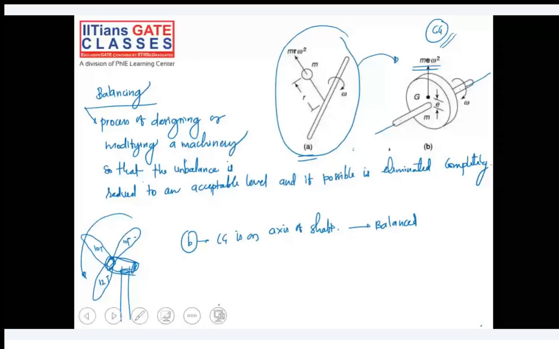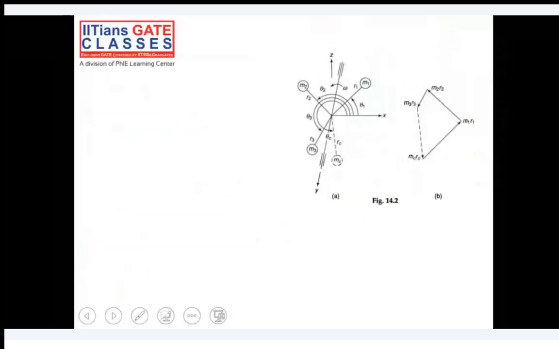Write down the heading: static balancing.